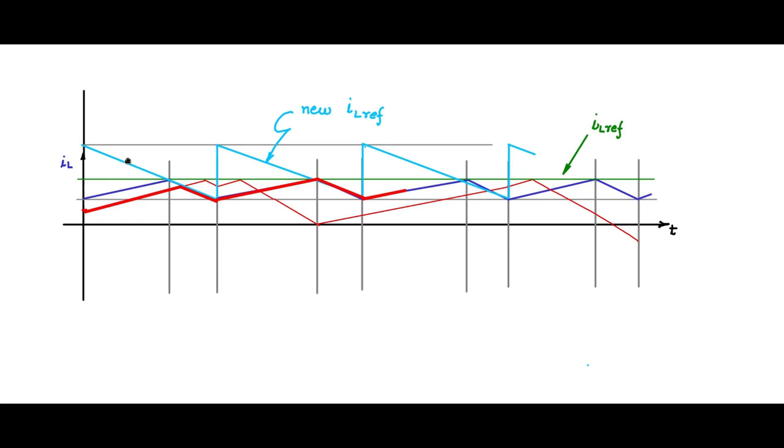So how to give a slope? Now this was the old ILREF. To this old ILREF, you have to compensate and see that you have this kind of a slope. So this is called slope compensation.